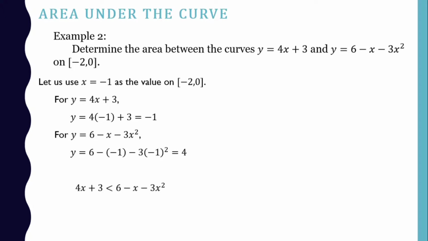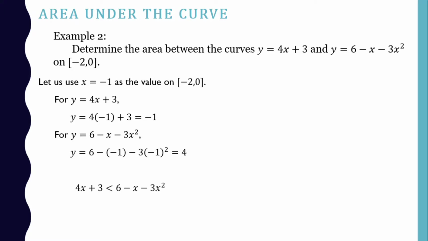For this instance, the second function, 6 minus x minus 3x squared, is greater than the first function, 4x plus 3. Since the second function is greater, it will become our upper function and 4x plus 3 will become the lower function.